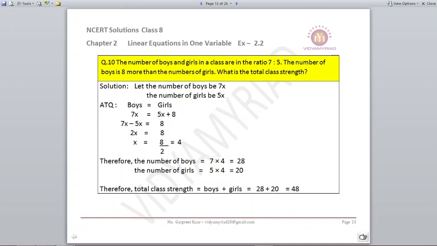So this is just an example to explain. So 7x is equal to 5x plus 8. Solve it. You will get x as 4. So the number of boys is 7 into 4, 28, and the number of girls is 5 into 4, 20. We need to find out the total strength. Total strength will be boys plus girls. So 28 plus 20, which is equal to 48.